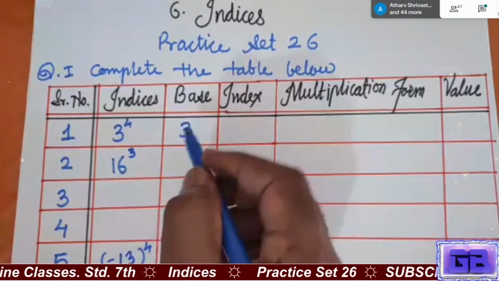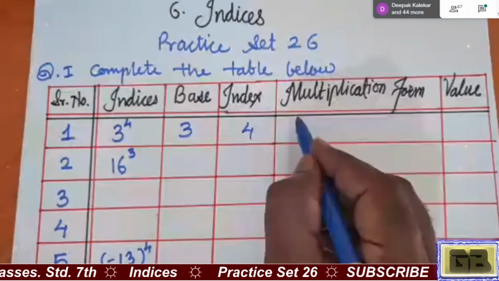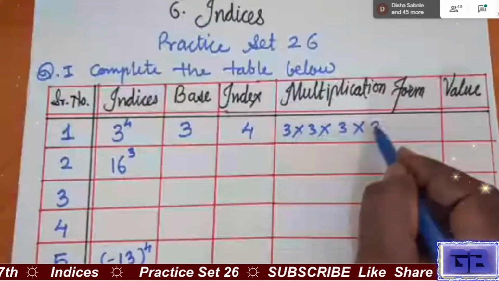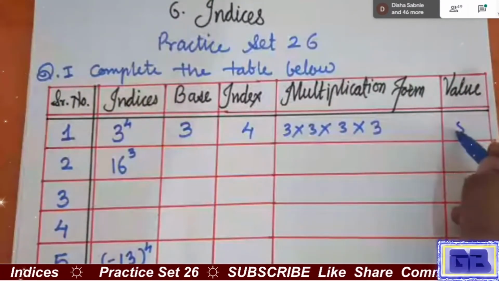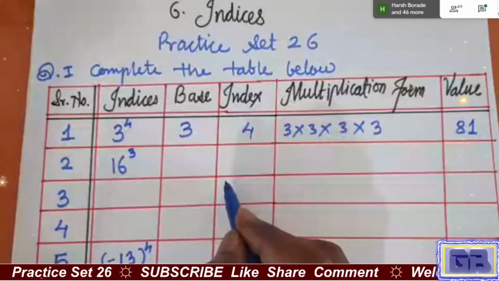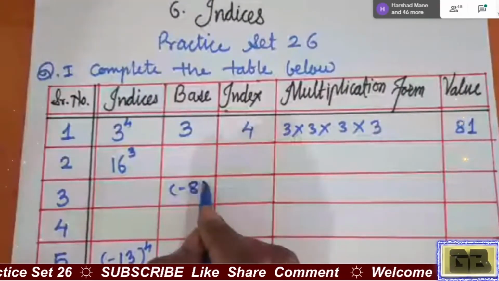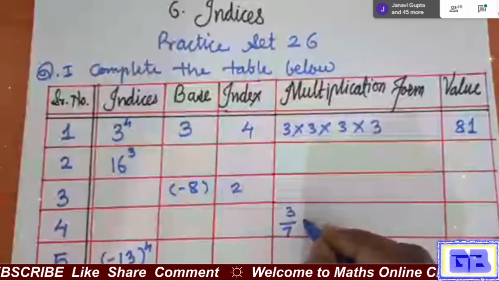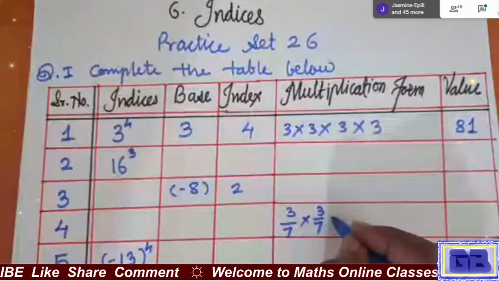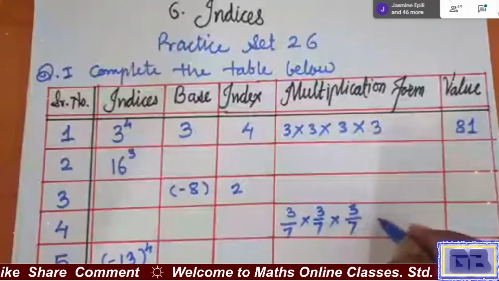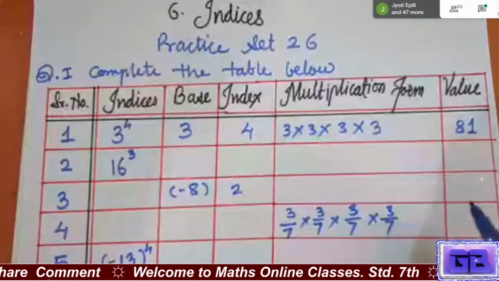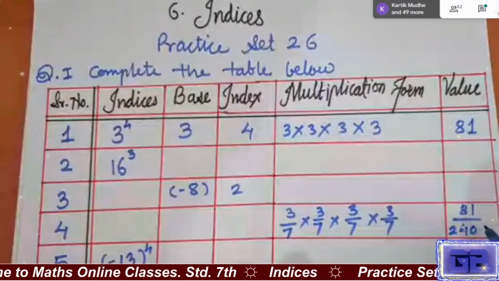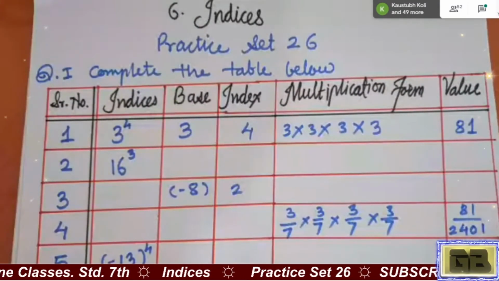Base 3, here index 4, 3 into 3 into 3 into 3, 81. Here negative 8 raised to 2, and 3 by 7 into 3 by 7 into 3 by 7 into 3 by 7, 2401. This much is given in the table.